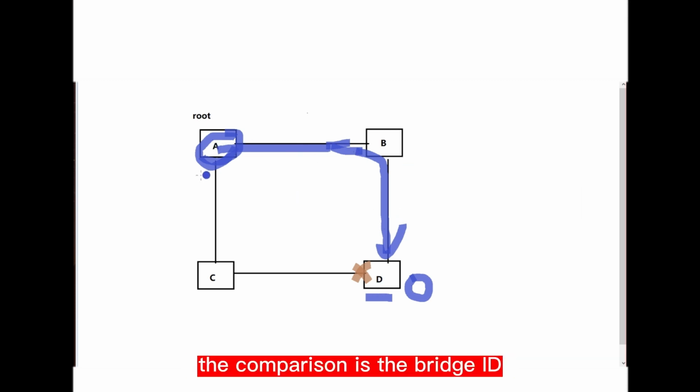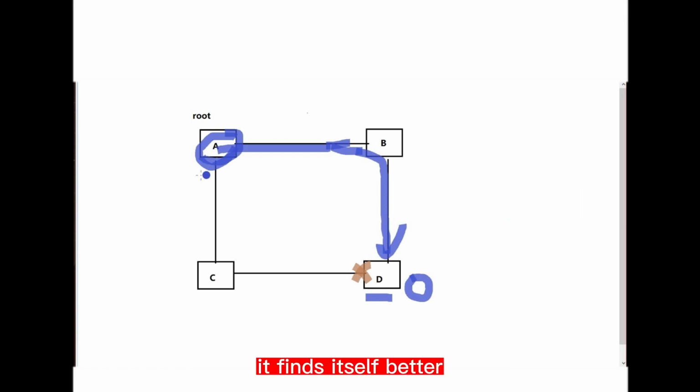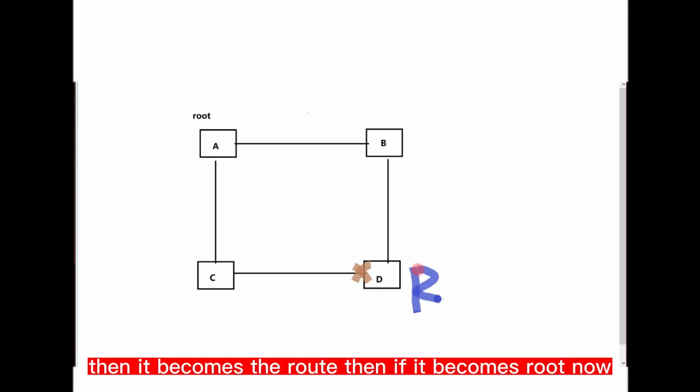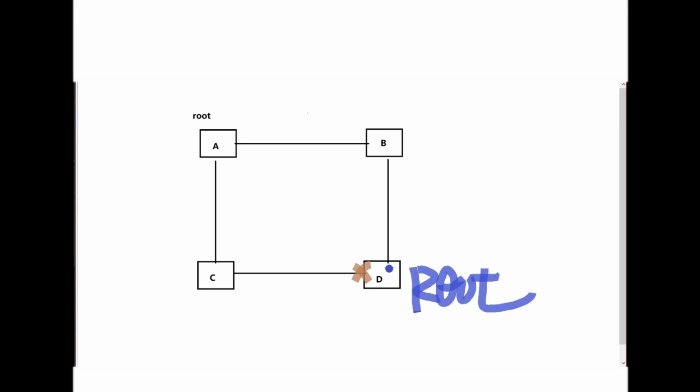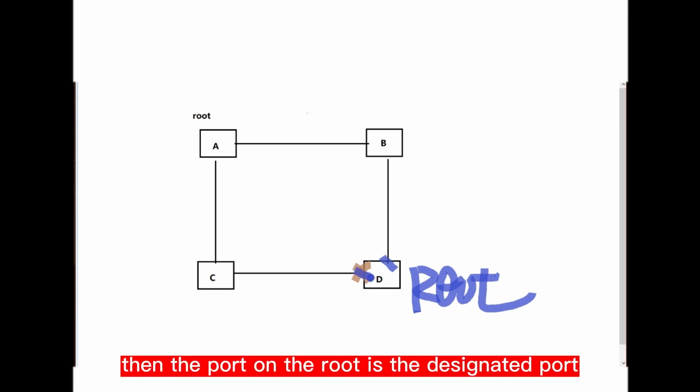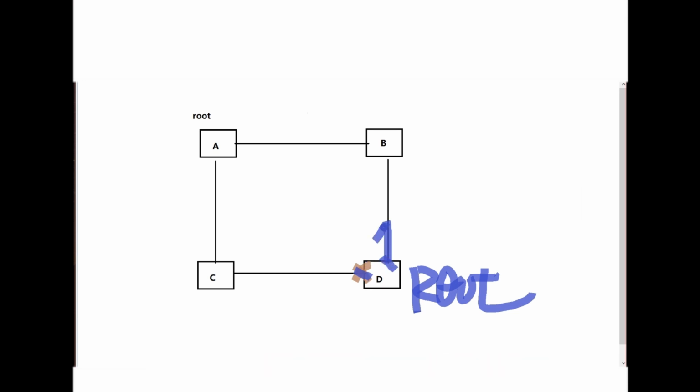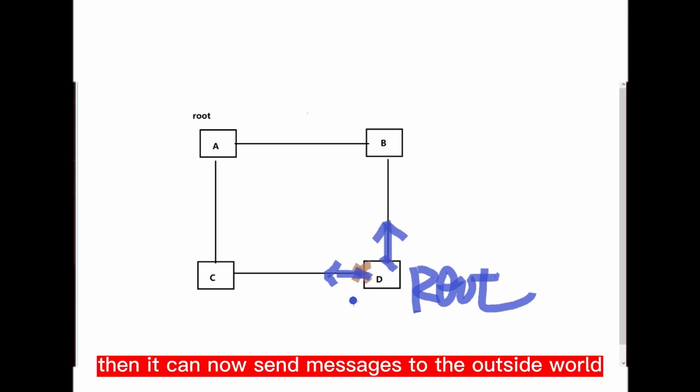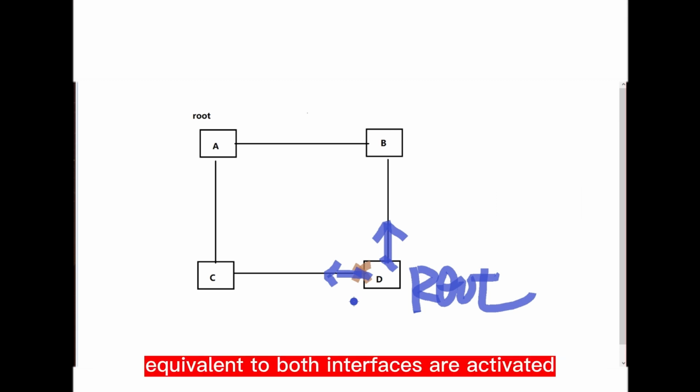The comparison is the bridge ID. It finds itself better, because its priority is 0, which is smaller. Then it becomes the root. Now that it is root, the ports on the root are designated ports. Designated ports can forward data traffic, so it can now send messages to the outside world. This is equivalent to both interfaces being activated.